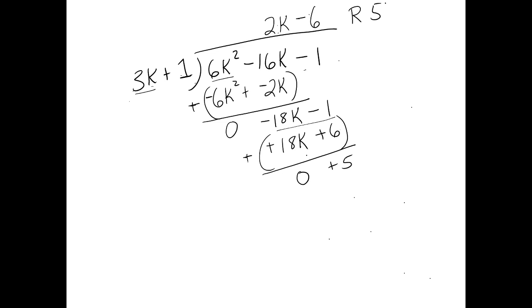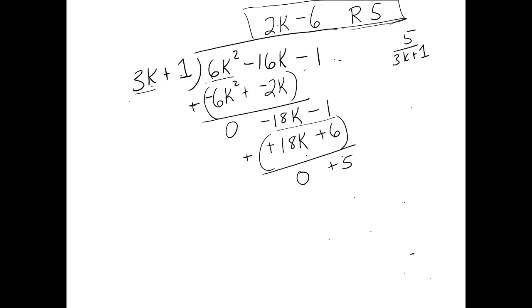You could also put this as 5 still being divided by 3k plus 1. But again, this is the way that your book kind of shows it, so this is an acceptable answer for this particular problem. Especially if 3k plus 1 is not an even factor for this polynomial, this is the best way to set these problems up.